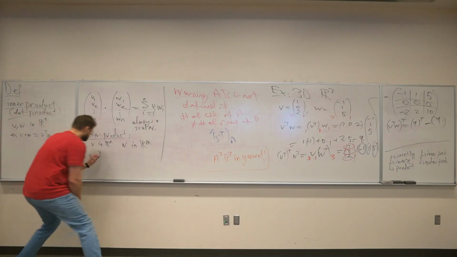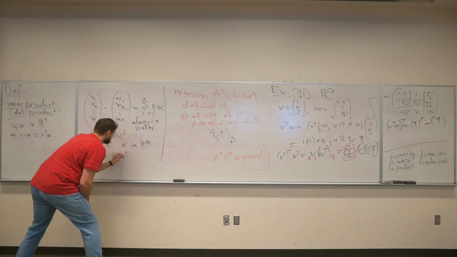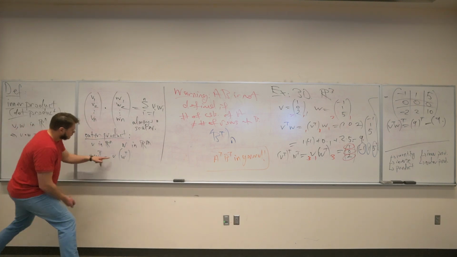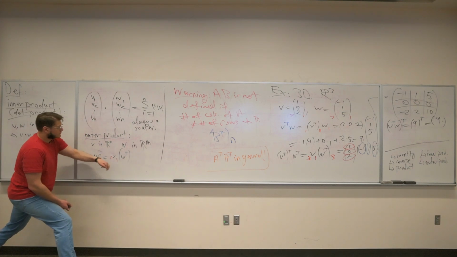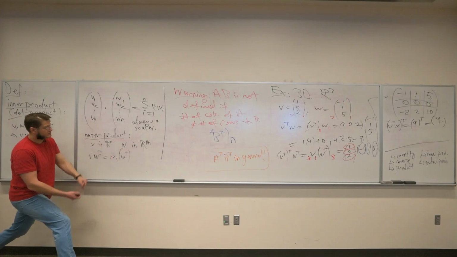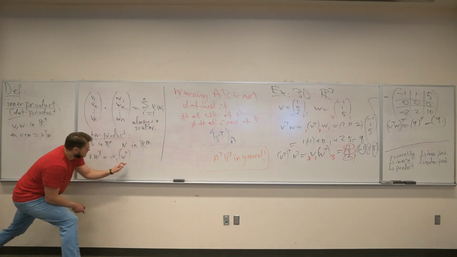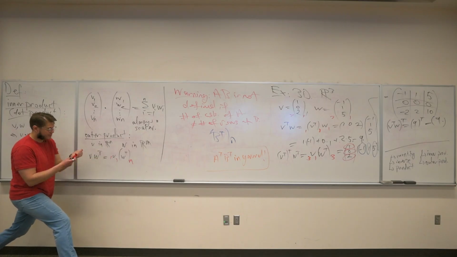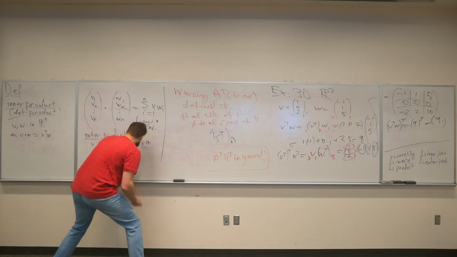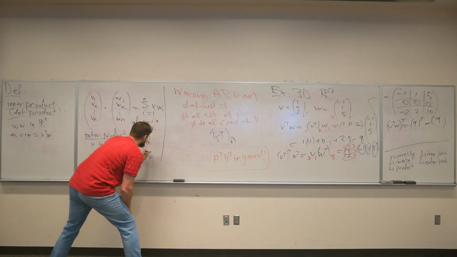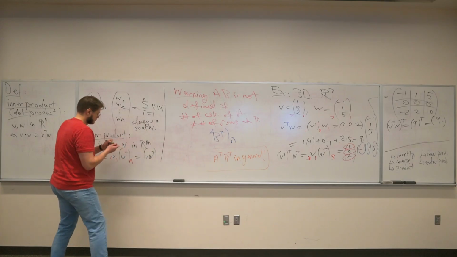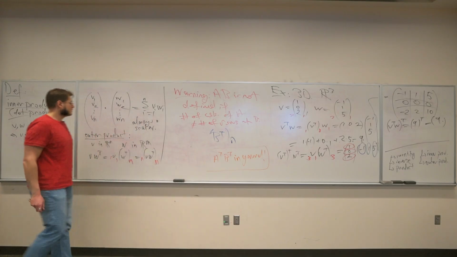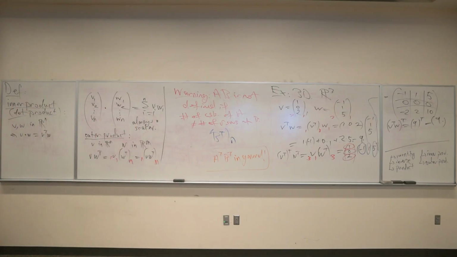V is n by 1, W is m by 1, which means that its transpose is 1 by m. So the end result is going to be n by m. That's the outer product.